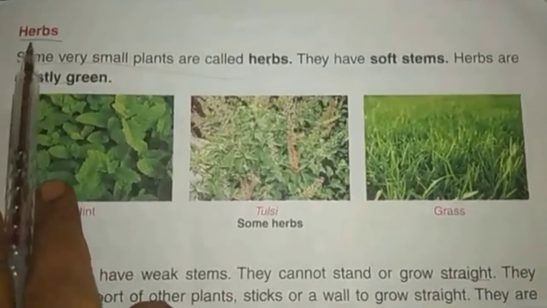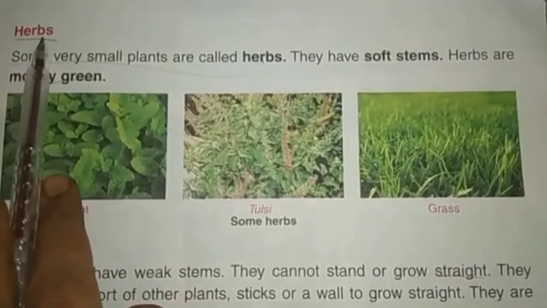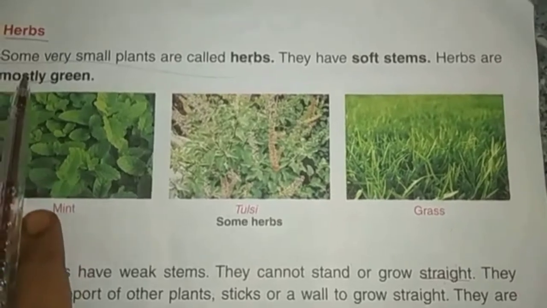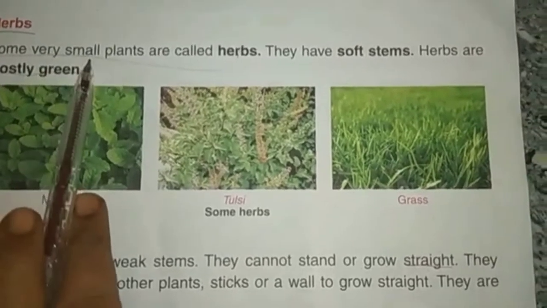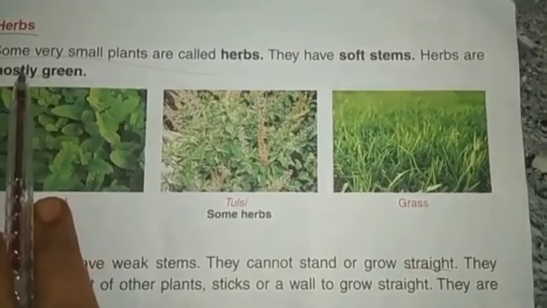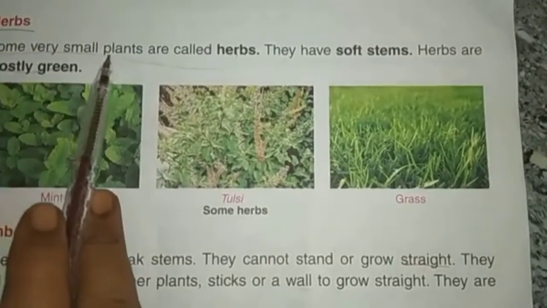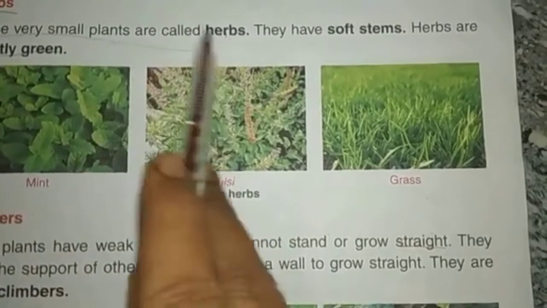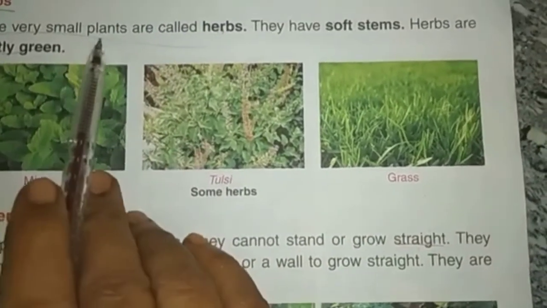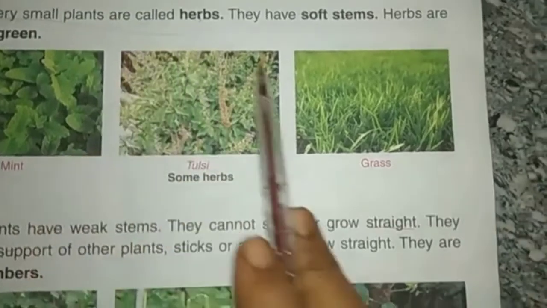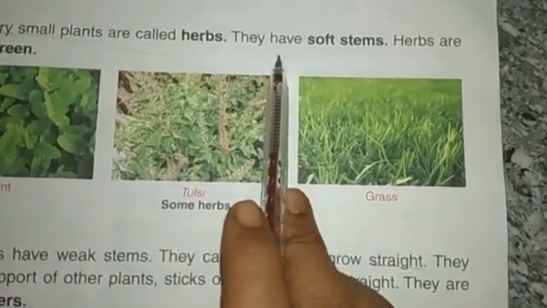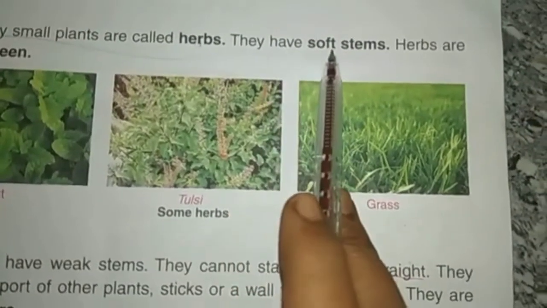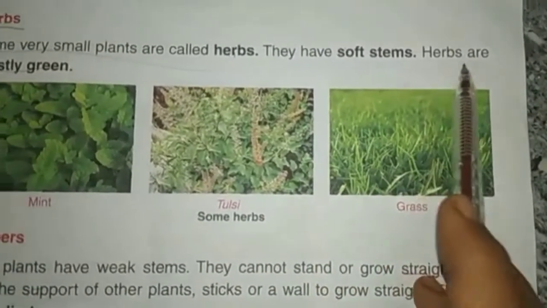Next one, herbs. H-E-R-B-S. Herbs. Some very small plants are called herbs. They have soft stems.